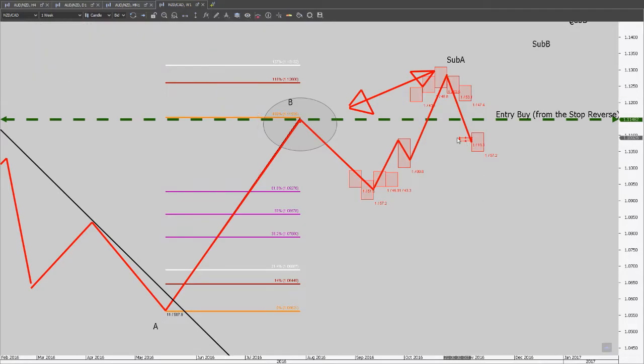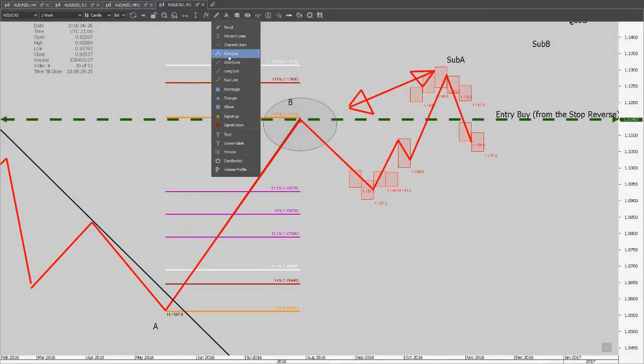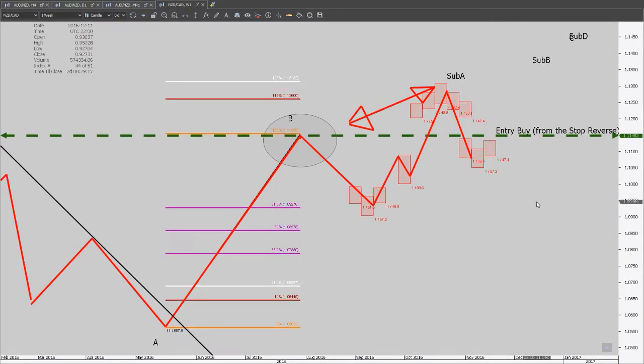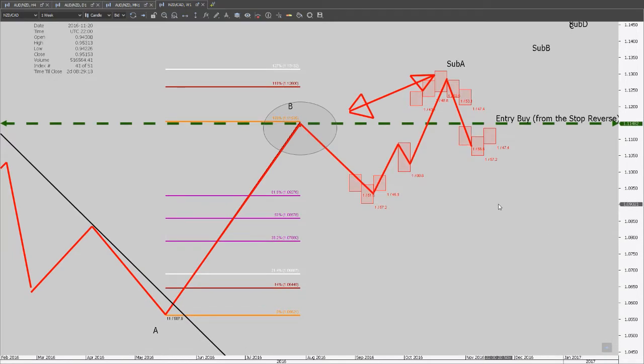So this is another low. 2 candles on the left, 2 candles on the right. Just graphically, don't bother with the quadrants. Oh, Passion, you don't have 2 quadrants on the left. It doesn't matter, it's just to explain to you. Okay, so this is our sub B.